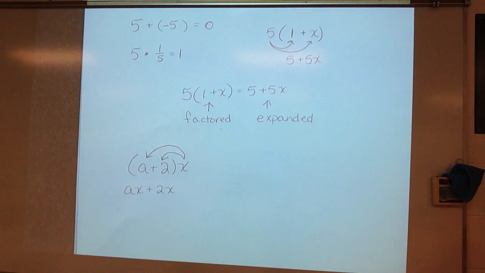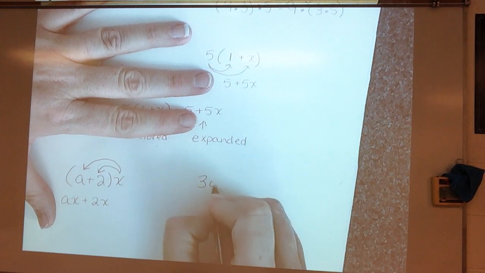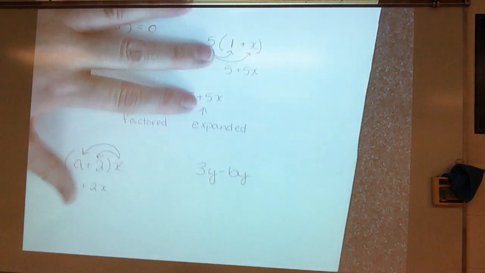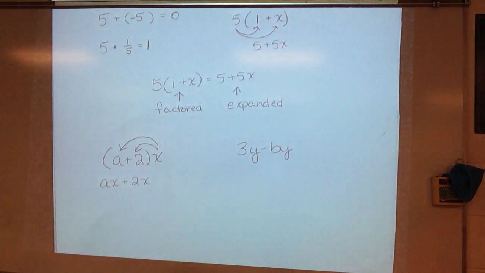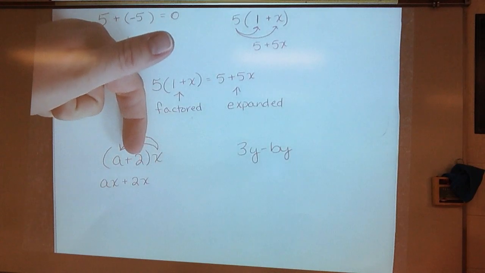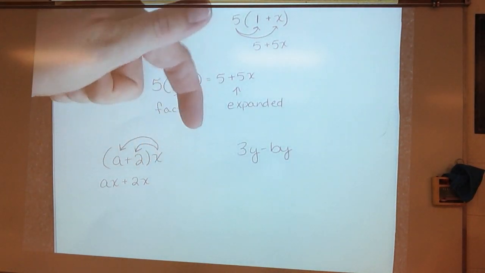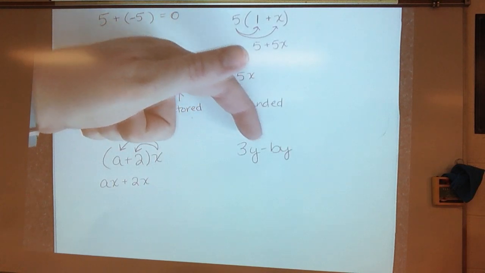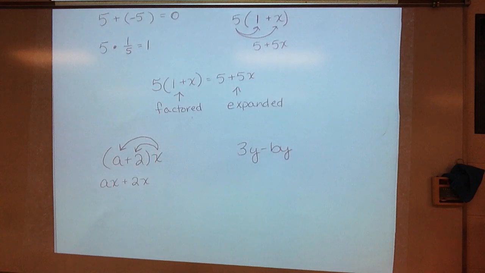B is a little bit different. It says write the factored form of 3y minus by. Well, at this point in time, I've got to figure out what they have in common. In order to figure out how to write that factored form, I need something they have in common. So look at this, 3y minus by. There's no number they have in common. One's a 3 and one's a b.